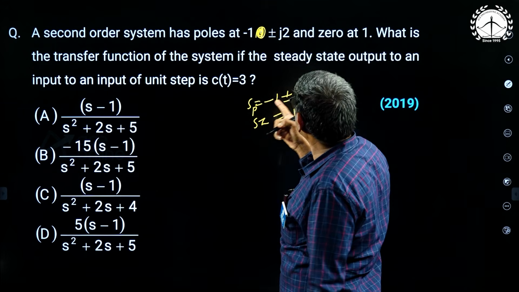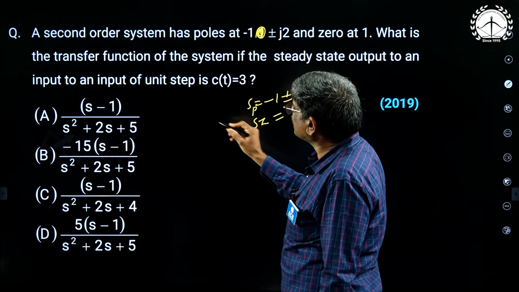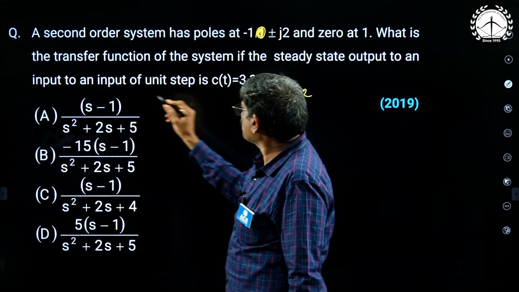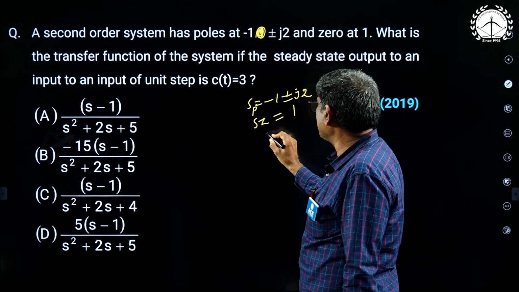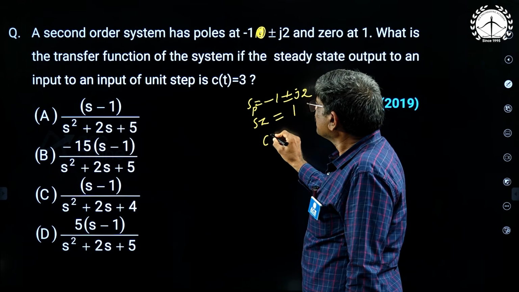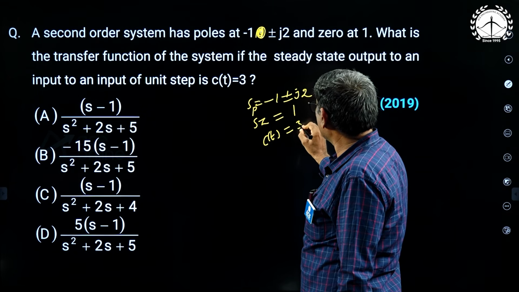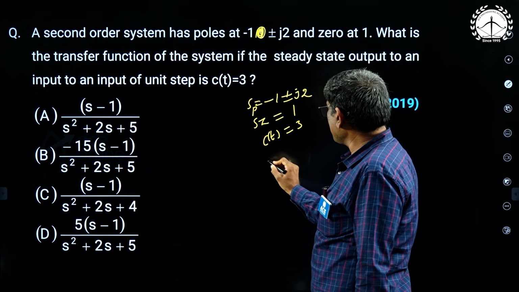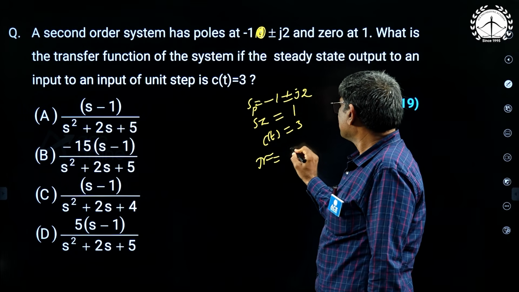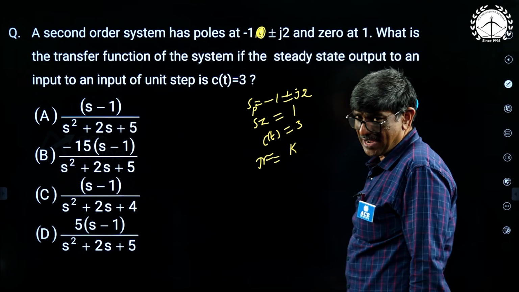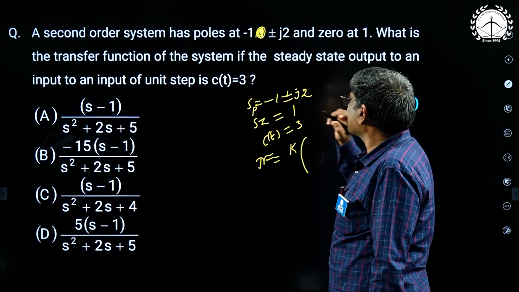And what is the transfer function if the steady state output for a step input should be 3? We want the steady state output to be 3. So simply write the transfer function. Steady state output is K into the transfer function.